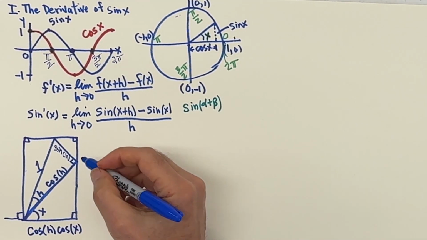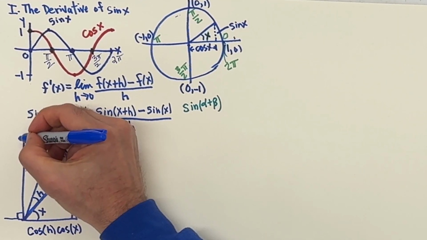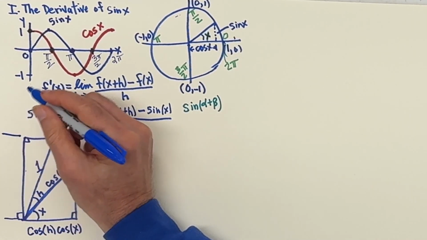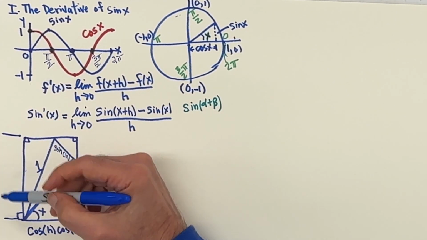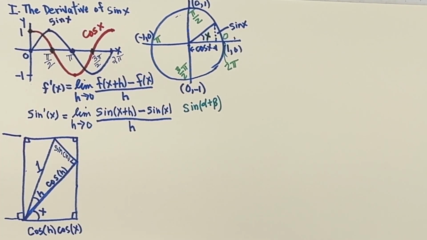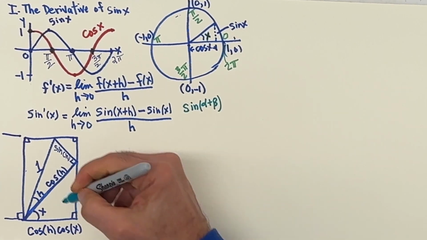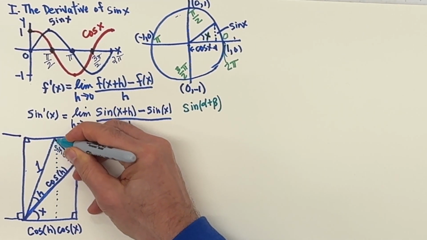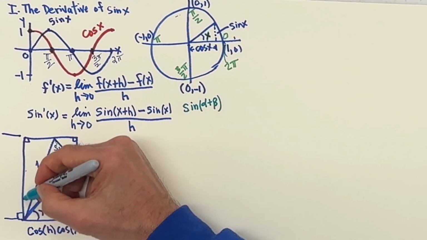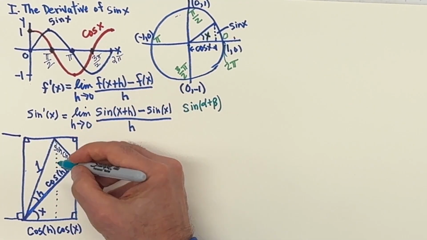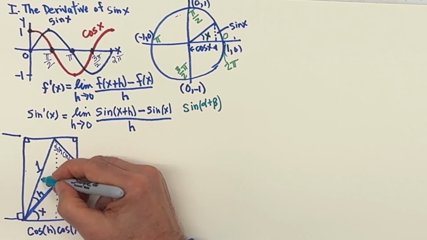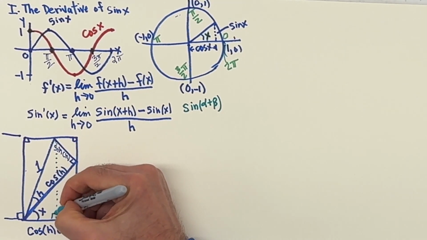Now, if we look at this whole distance here, this whole distance is the same as this distance here. I'll go ahead and put that in with the dotted line. So this dotted line here, that distance is the same as this distance, the same as that distance. And see, that is the opposite side of the angle, and this is a right angle here.